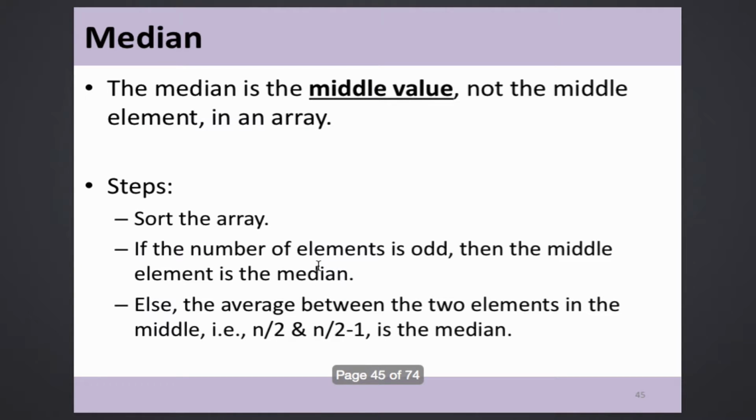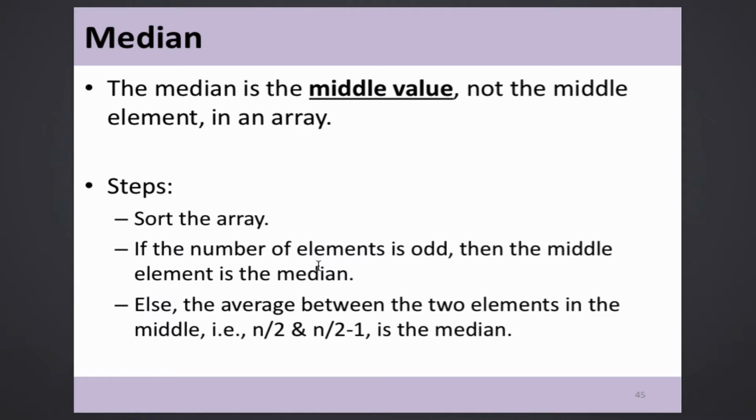How about median? Median is the middle value. Now remember, middle value doesn't mean the middle position. It depends on whether the length of the array is an odd number or an even number. If the length of the array is an odd number, then the middle value and middle position just happen to be the same.